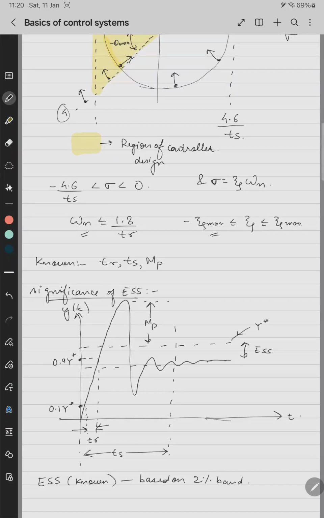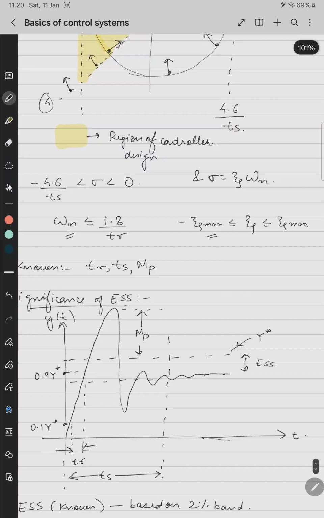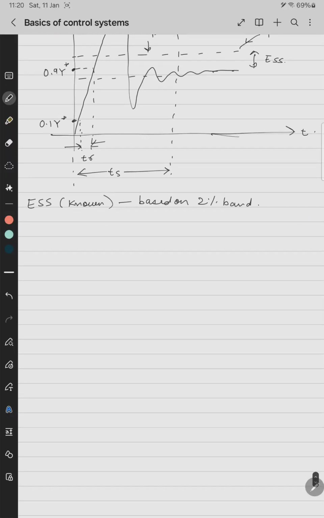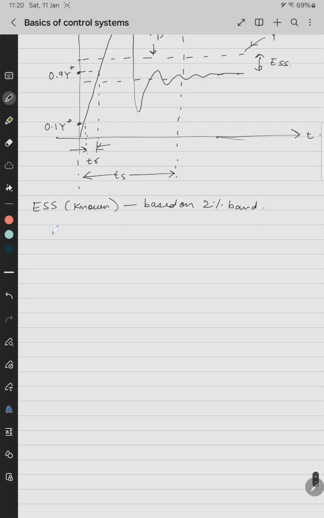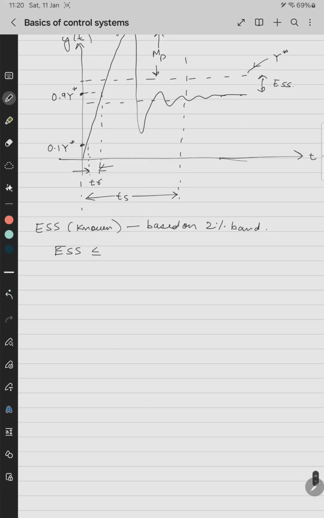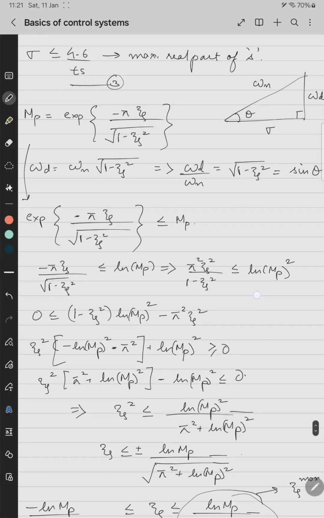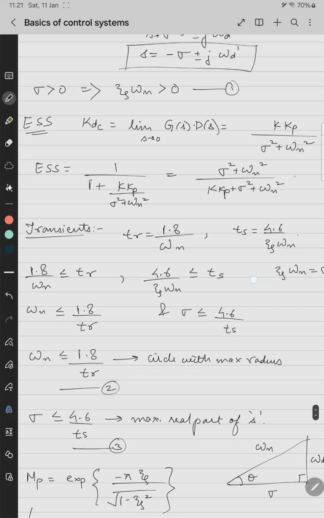For zeta, first we have to assume zeta max, zeta min, then we assume omega n, then based on zeta and omega n we'll find sigma. But our ultimate aim is to find what is Kp, what is the range of Kp. So whatever ESS is known to us should be greater than or equal to our found ESS, which is as per this equation. Where is the equation? Yeah, this one.